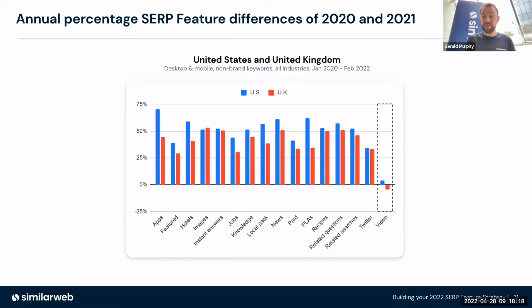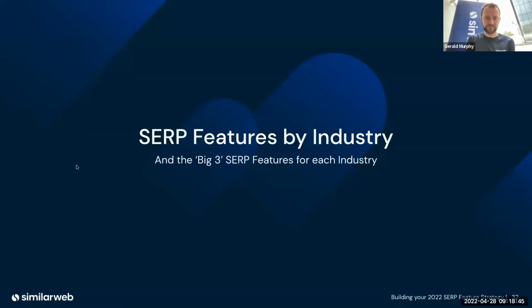So if you're focusing a lot on video, it may suggest, and again, we need to let the data direct this, but by the end of the year, if we're seeing a similar pattern, if I was working for a brand, I would want to have more than ever a YouTube specific strategy, because relying on getting traffic from Google for videos may be a weaker way to do this in the United Kingdom. And the data seems to suggest that this is also going to occur in the United States. So it's one also to keep an eye on.